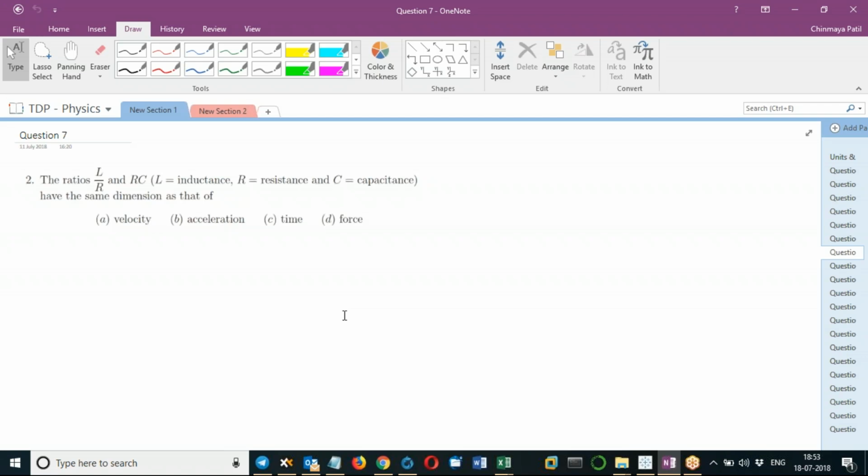So let's see. What is inductance? Let me write it down in detail and then we'll have a discussion on this.